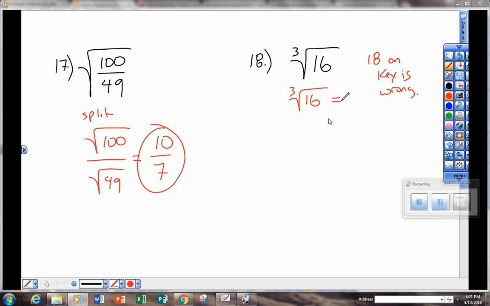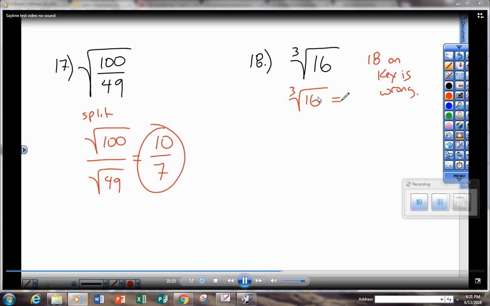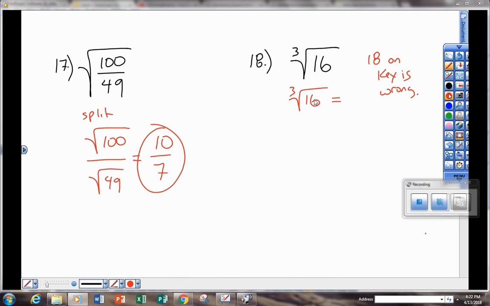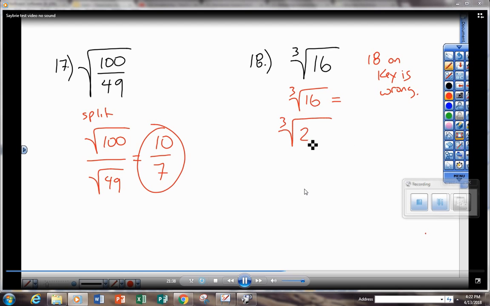You're going to have to break that up into 8 times 2, because 8 times 2 gives you 16, and 8 has a cubic root. There is a number times itself 3 times that gives you 8. So you break that up into 2 times 2 times 2, or 2 to the third, and that is 8 right there.